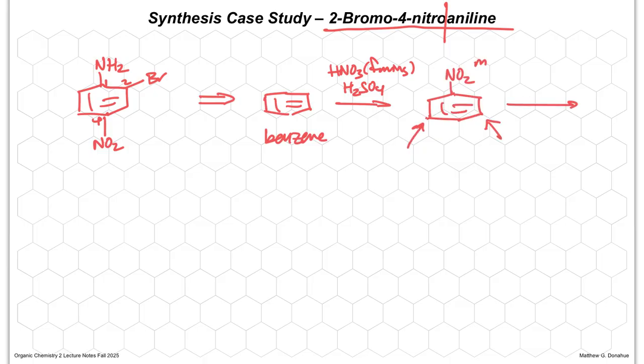So we'll use the tin dichloride in ethanol. So that takes nitro to amino. And so that was aniline.